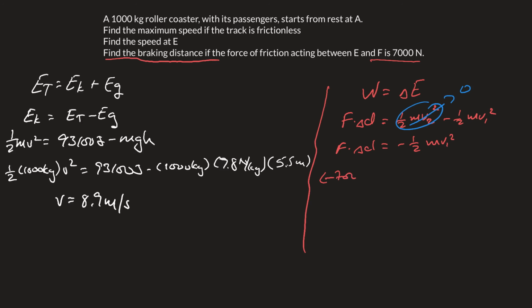Our force is negative 7,000 newtons, just pointing in the direction opposite. These are all vectors here. And then negative 1 over 2, 1,000 kilograms times 8.9 meters per second squared. We can rearrange and solve. This leaves us with a change in distance of 5.6 meters.